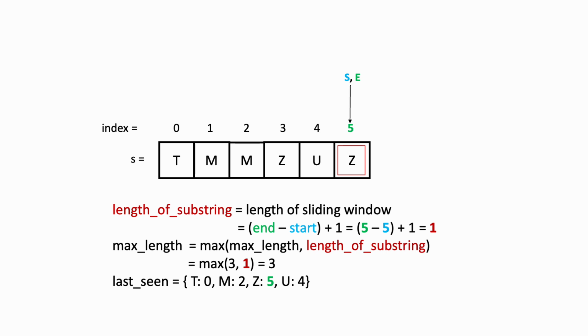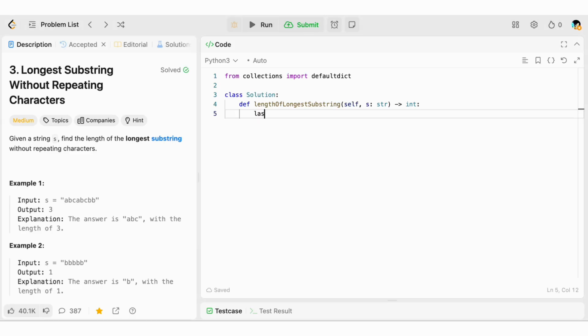We will compute the length of the current substring Z, which is 1. Max length will stay at 3. We will update the index of the current element in the last seen hashmap. Now s and e have reached the end of the string, so we return the value of max length, which is 3. Let's code the solution.